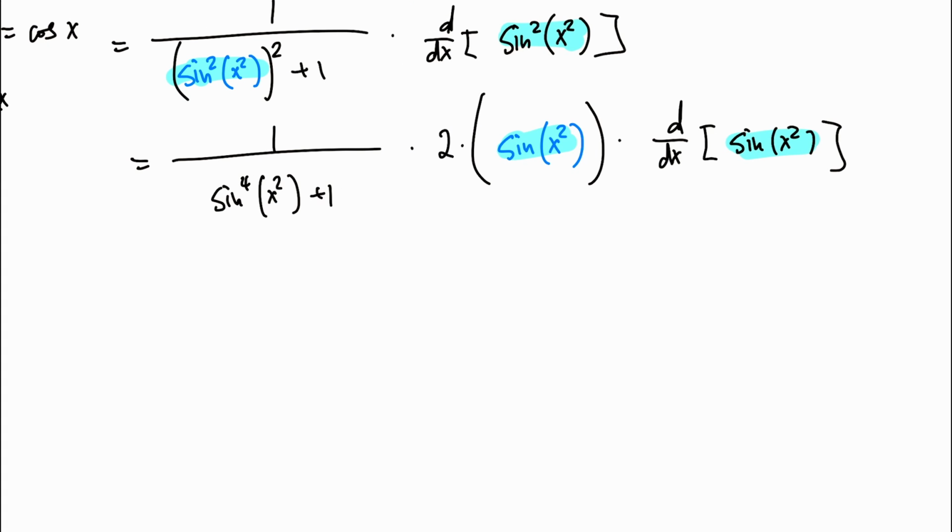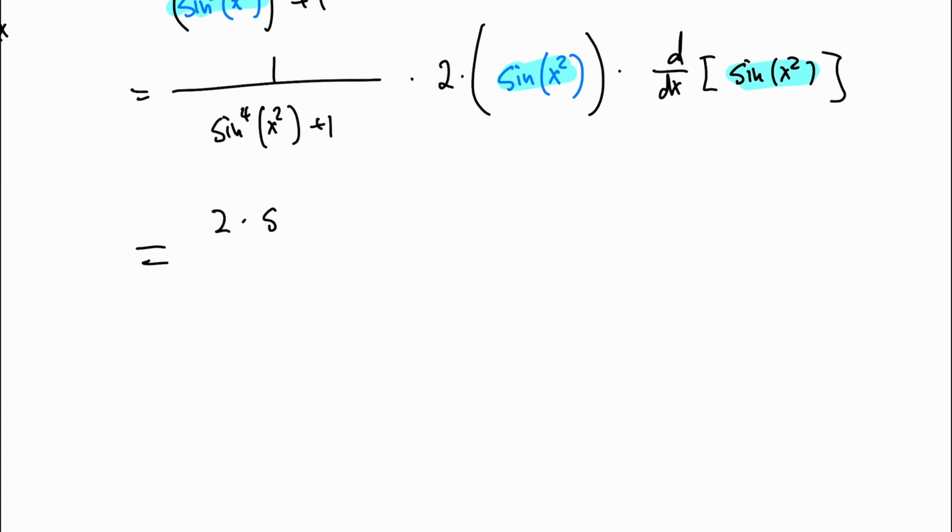Let's recompile it a little bit. Let's rewrite this as 2 times sine of x squared times this derivative. This derivative, we can just use cosine. That's just cosine of x squared, and obviously we have to use the chain rule again, so that's times the derivative with respect to x of x squared.